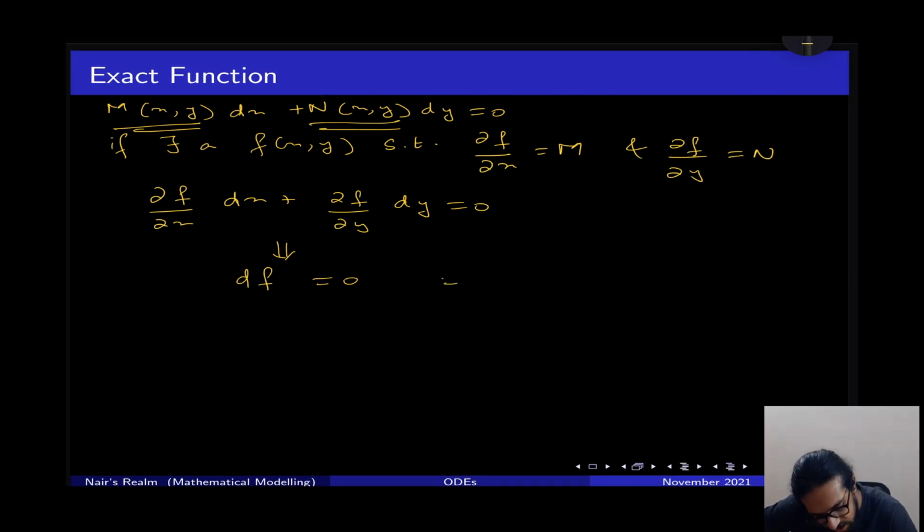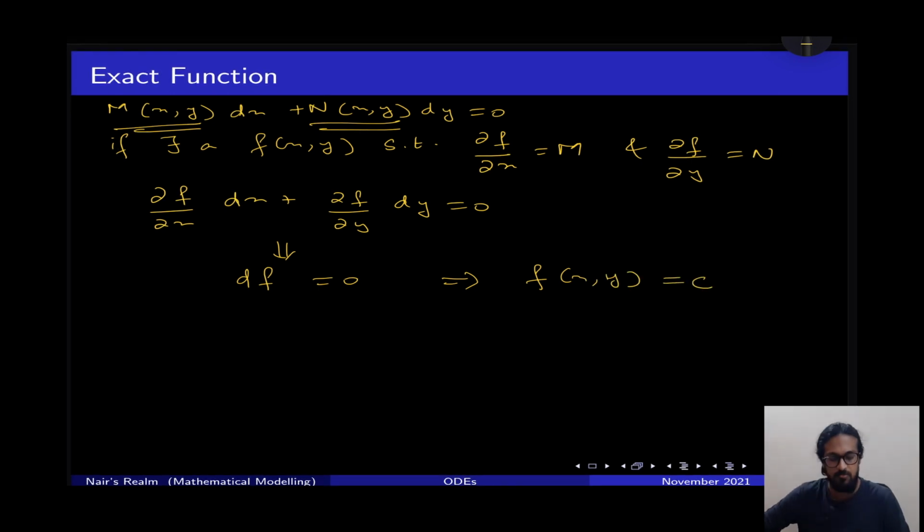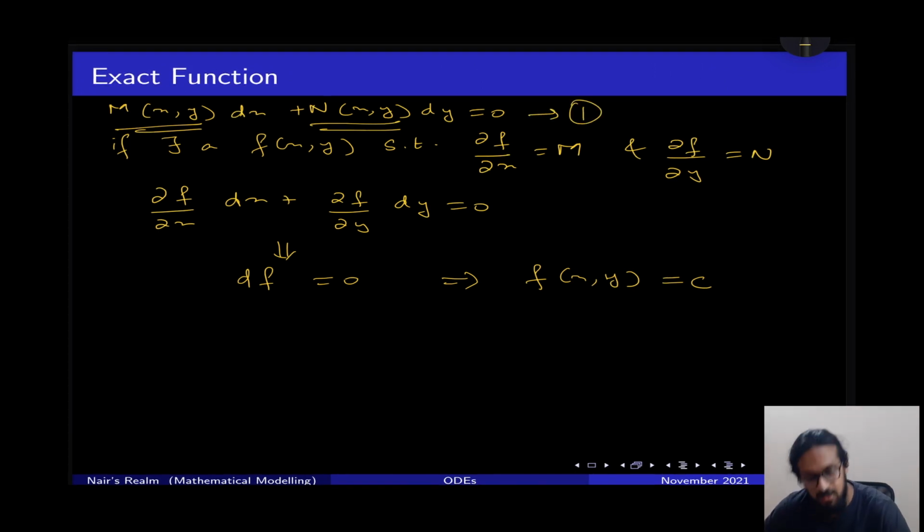So in other words, the general solution will be f of x comma y is equal to c. Now if such a function f exists, then and only then do we call this differential equation 1 an exact differential equation.